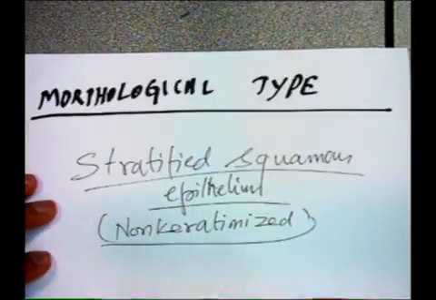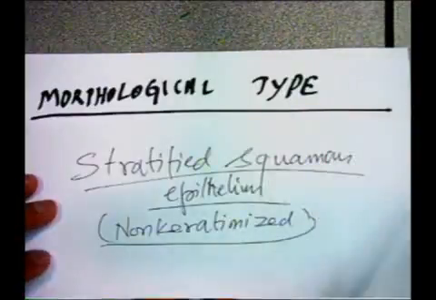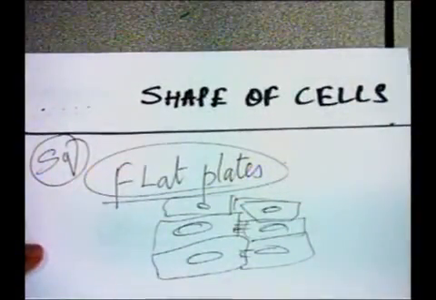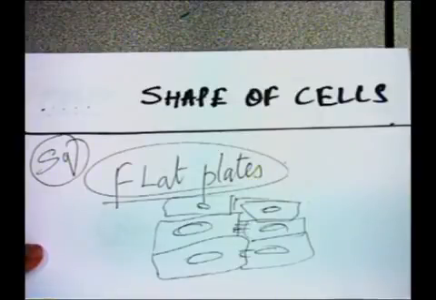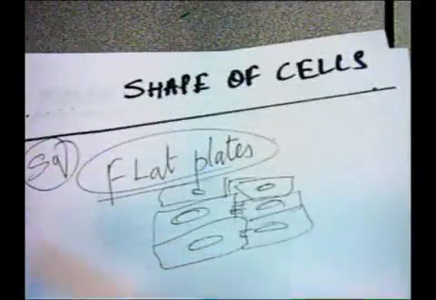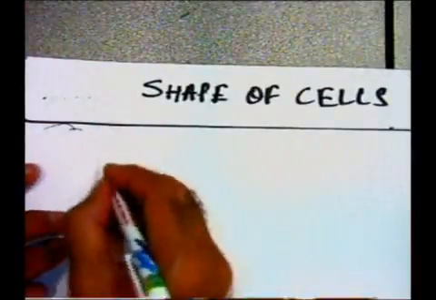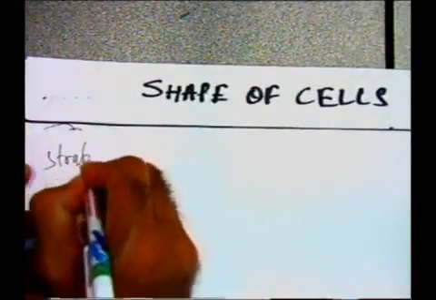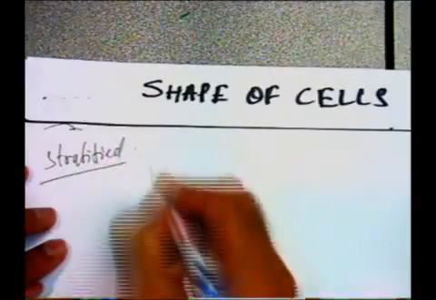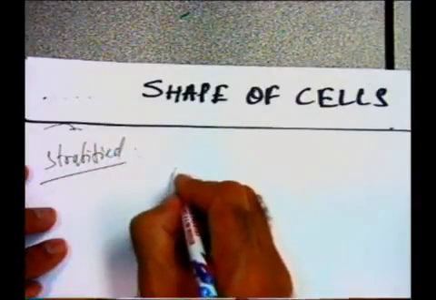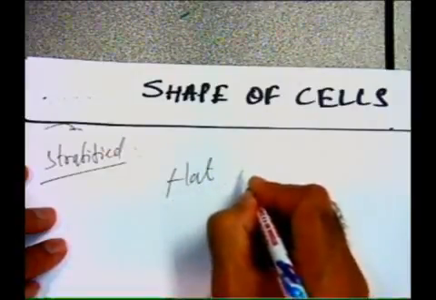and the surface cells, the shape of the cells. For the stratified cells, the surface cells are flat, and the deeper cells are polyhedral.